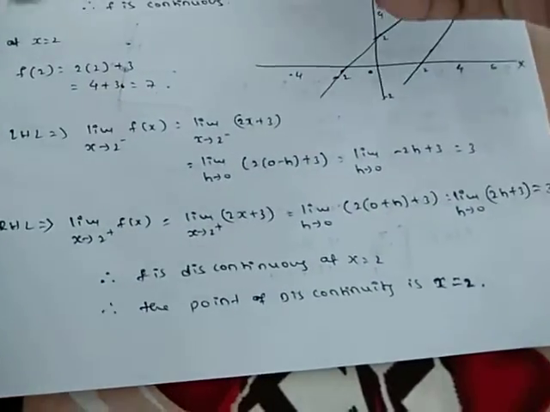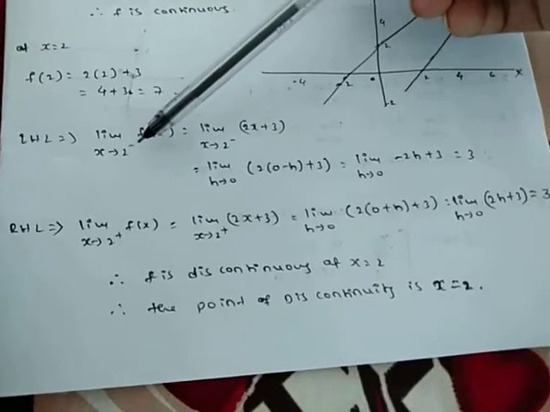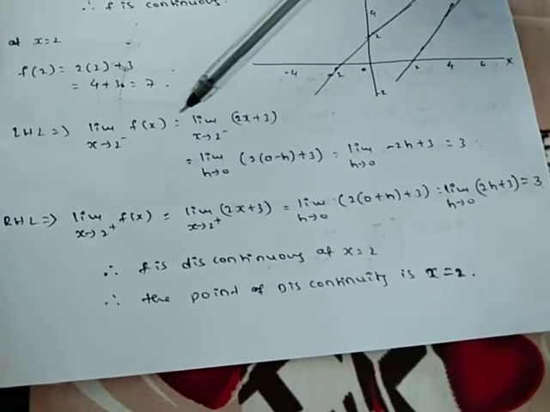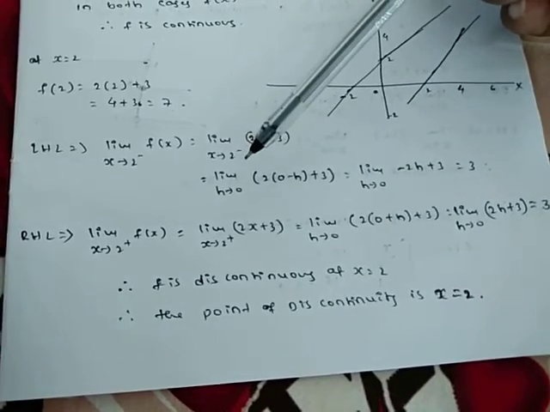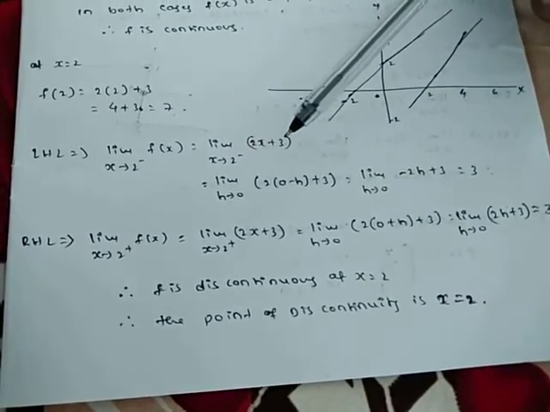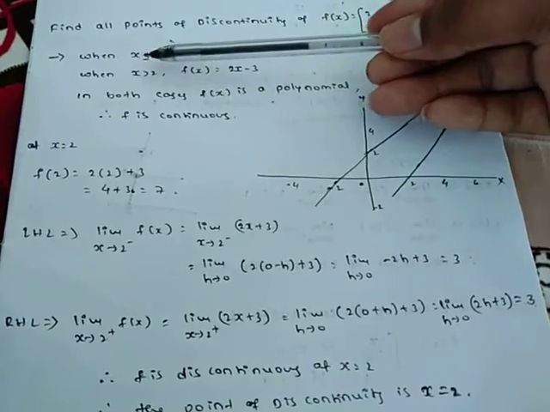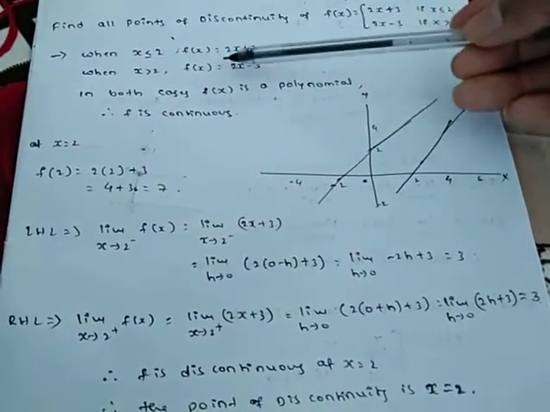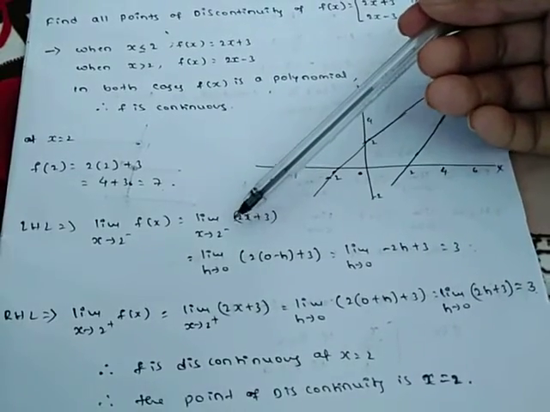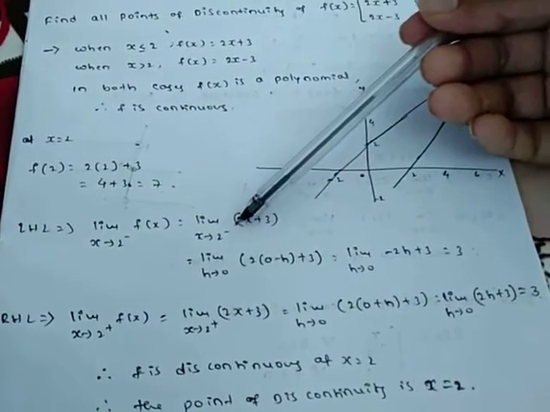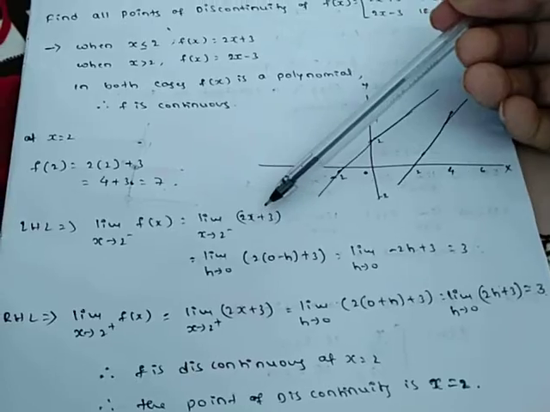Similarly, to check the LHL, limit x tends to 2 minus f of x. Because we have chosen 2 minus here, limit x tends to 2 minus of 2x plus 3, because they have given that when x is less than or equal to 2, we need to choose the function 2x plus 3. We have taken the LHL, which is less than 2, so we have chosen 2x plus 3 here.